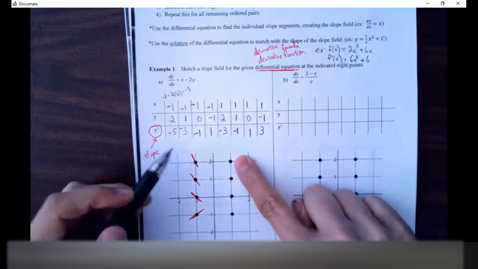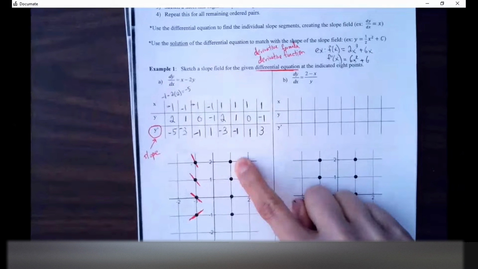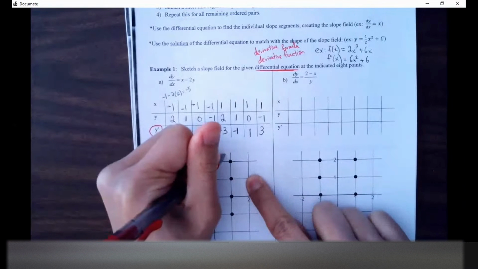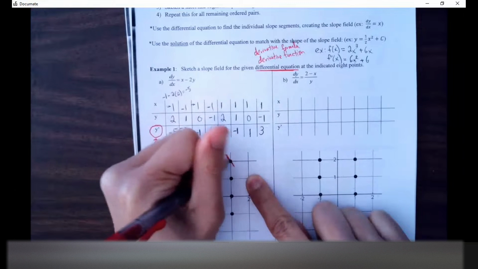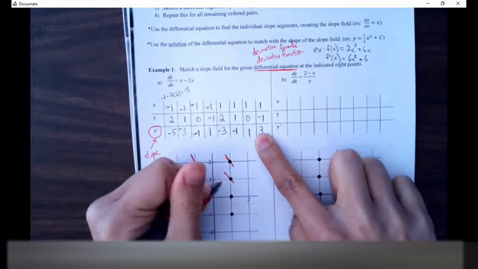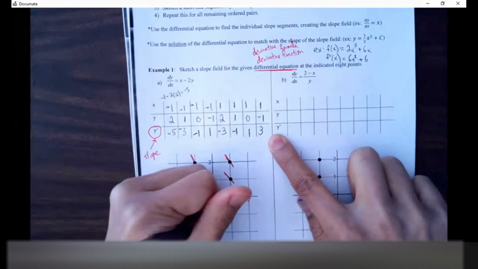Okay, so at 1, 2 we get -3, so I'm going to create a slope similar to this one here, not as steep as -5, but steeper than -1. Then -1, 1, and 3.